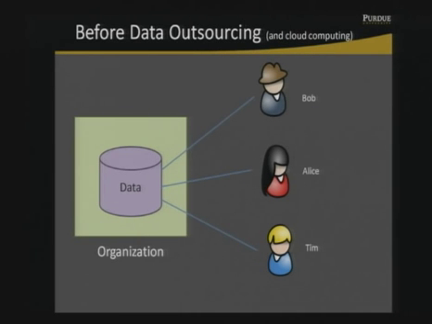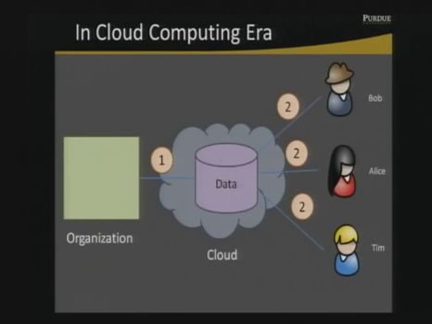Okay. So the data used to reside in the organization, and access to the data is controlled by the organization itself through various access control mechanisms or through perimeter security. But the picture has changed now. We are now in the cloud computing era where the data no longer resides inside the organization. Now data is moved to the cloud.